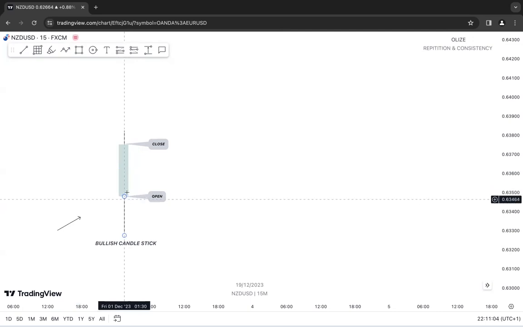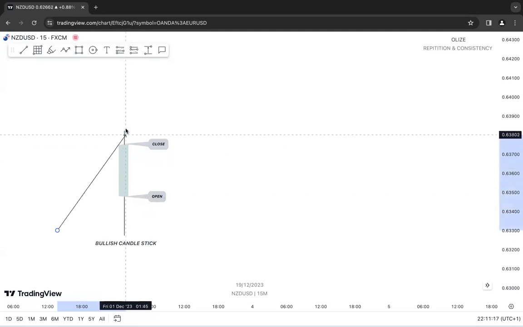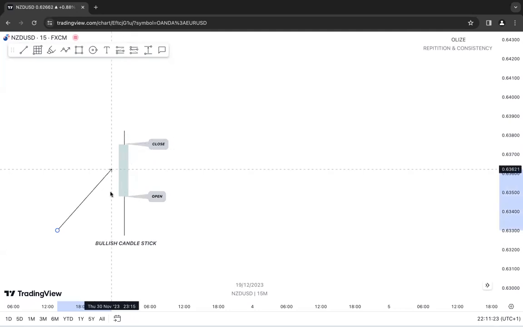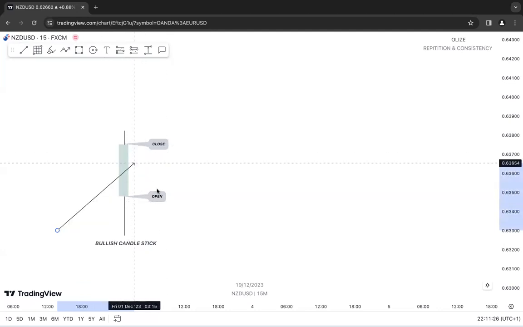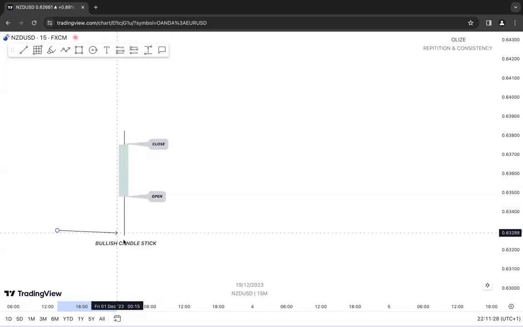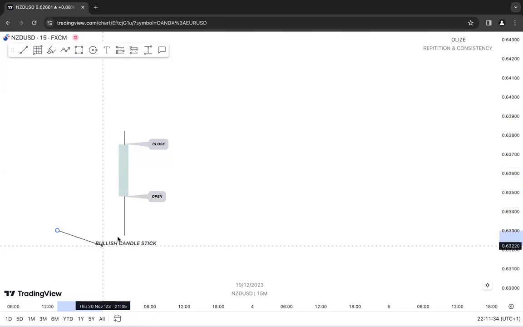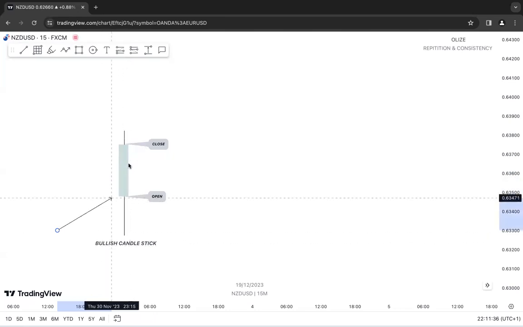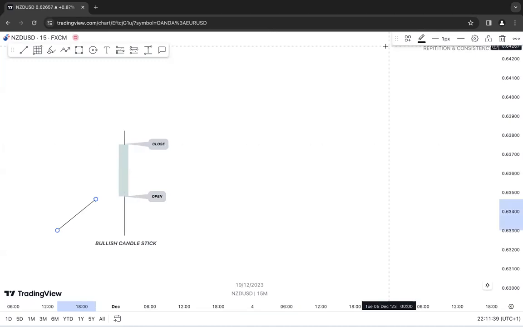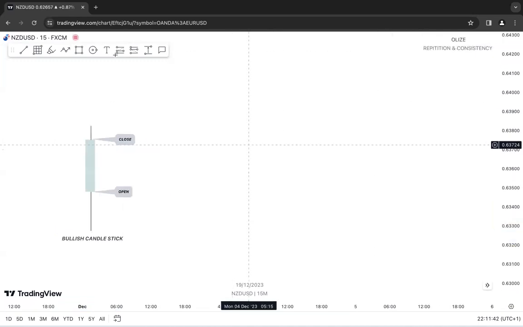This tells you that price opened here, sellers, which are the opposition, pushed price to this zone, and buyers came and pushed price all the way up, and sellers opposed, and we managed to close here. So what is this candlestick telling us? This is telling us that buyers are in control of the market. For us to have a strong buy opposition, which pushed price up from this zone here, tells us that buyers are in control of the market. So the candlestick itself is powerful.